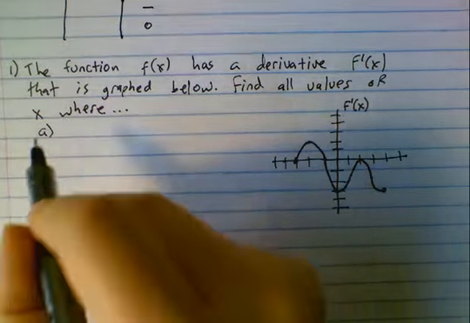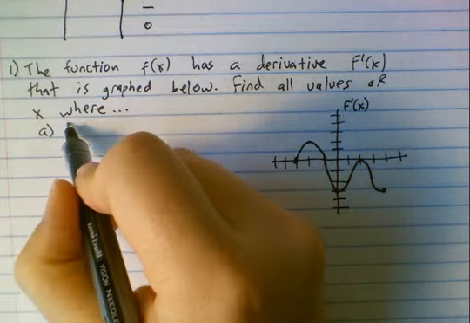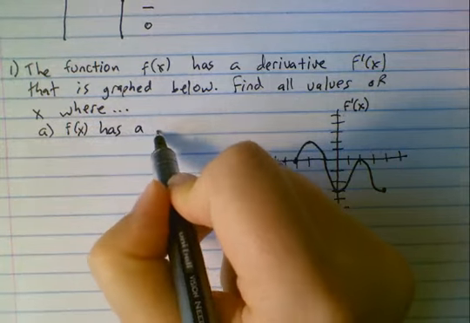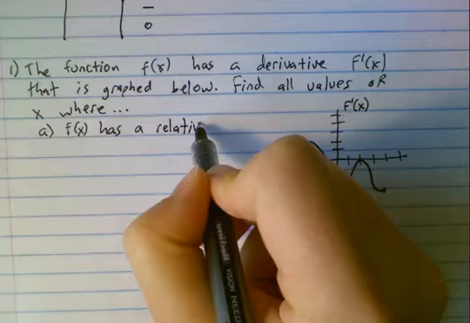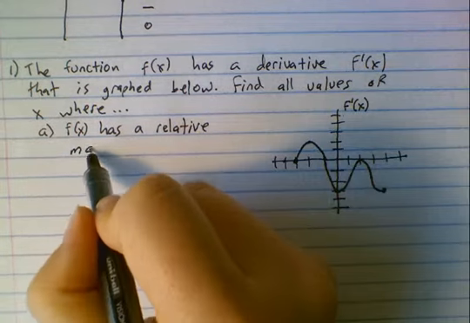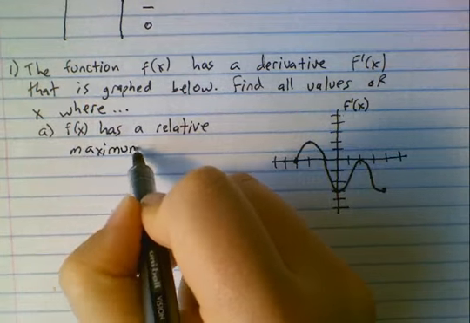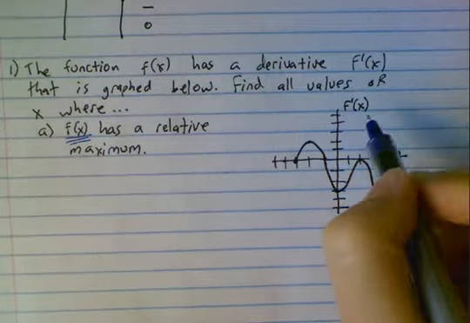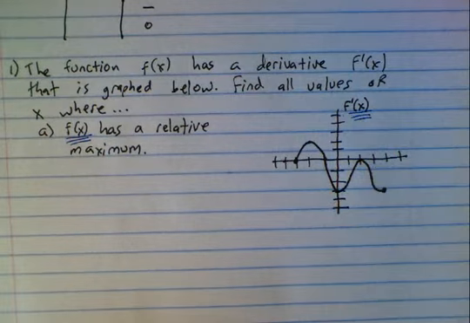So let's find all values of x where f of x has a relative maximum. Now, one of the key things to realize is that this is asking for f of x. This is f prime of x.